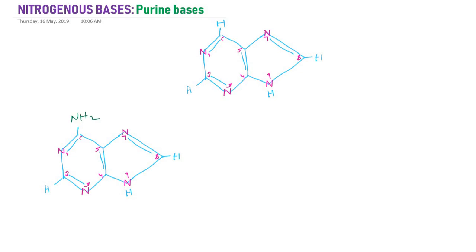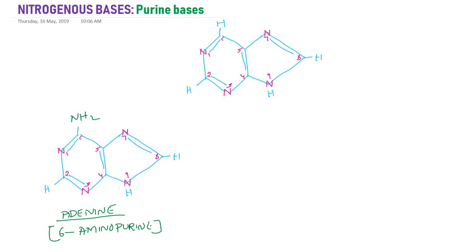So this will become adenine. You can also call it 6-amino-purine. The parental or precursor molecule is purine, and only an amino group replaces the hydrogen. So we can call it 6-amino-purine.